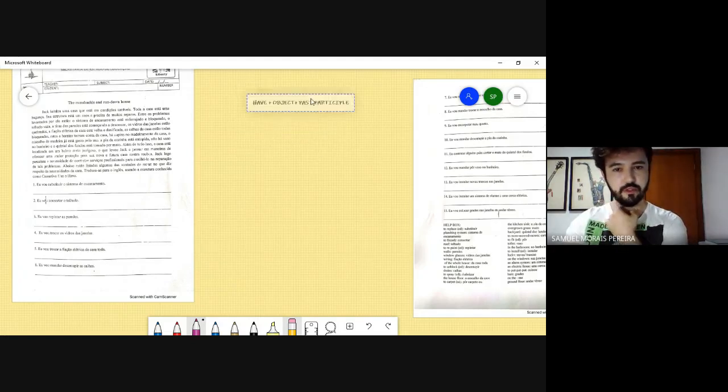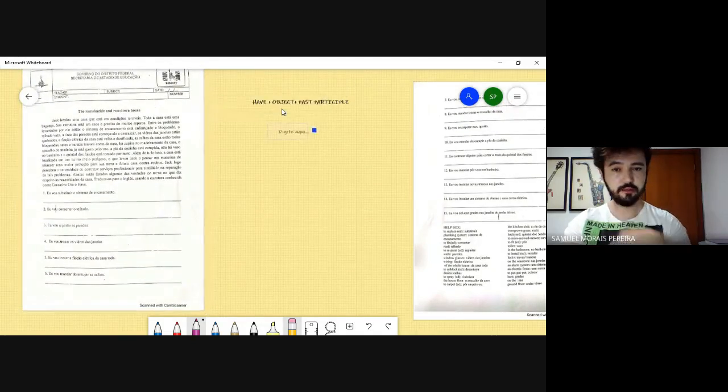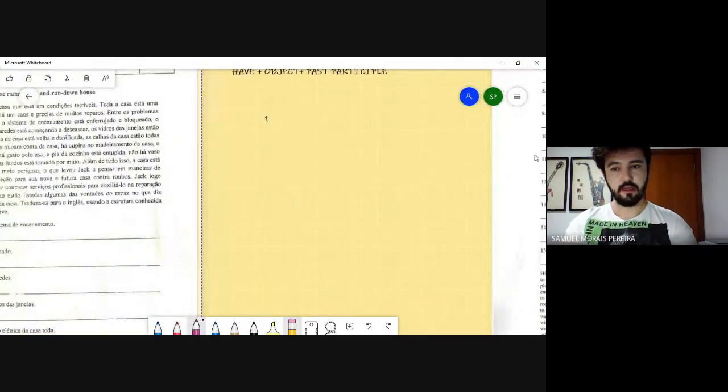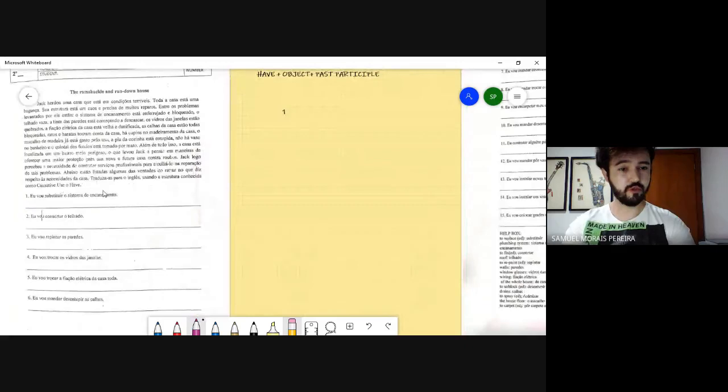This is the structure, and we're gonna go one by one, okay? So number one, you have here, eu vou substituir o sistema de encanamento. I'm gonna do the first one, okay, and then I ask you to do the other ones.